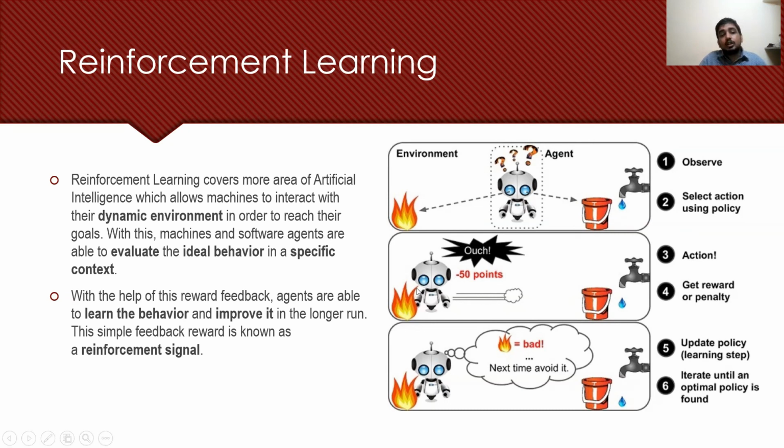It goes to the fire, the fire is hot, so it loses some points. The machine interprets that if the temperature increases, it's not good for it, and next time it should not go for it. So it observes, selects an action using a policy, does that action and gets a reward or penalty, and the objective of the policy is to learn from it.